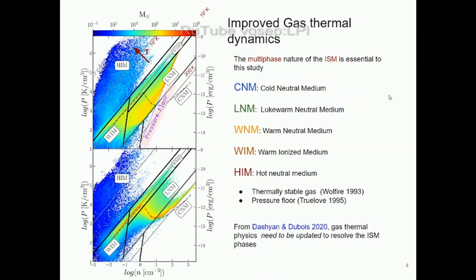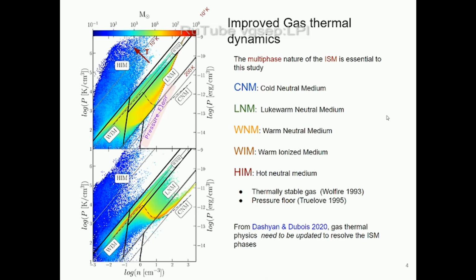One thing that is very new in our simulations, and could be very important, is that the gas evolution in other simulations is typically simplified by imposing a pressure floor, a frontier in pressure below which the gas cannot go.